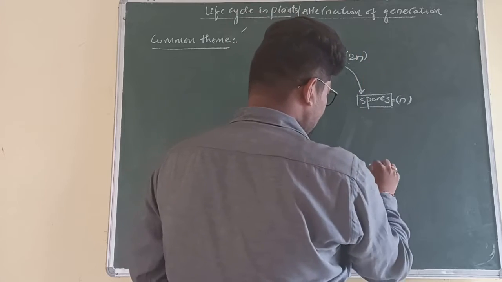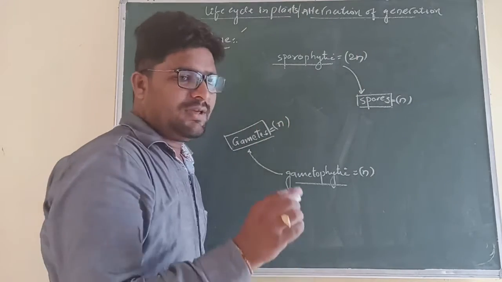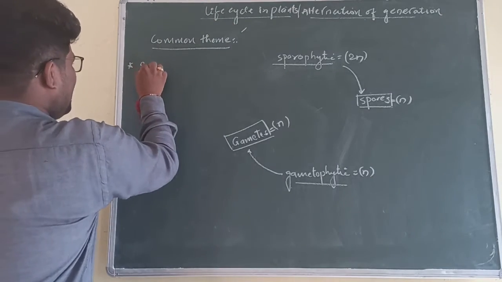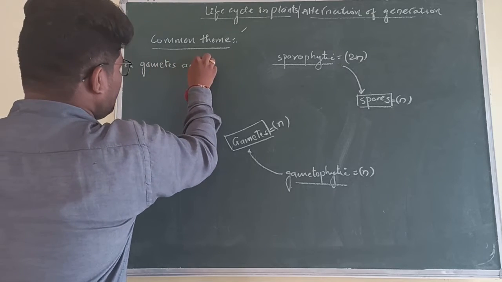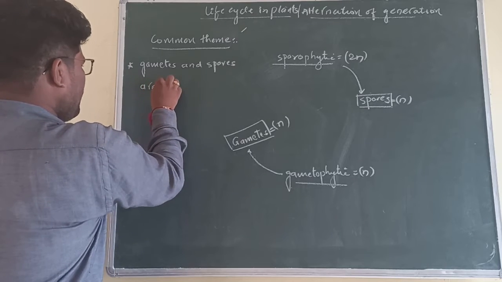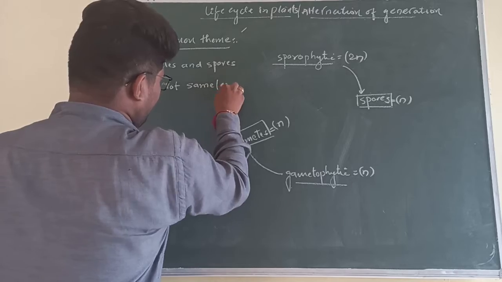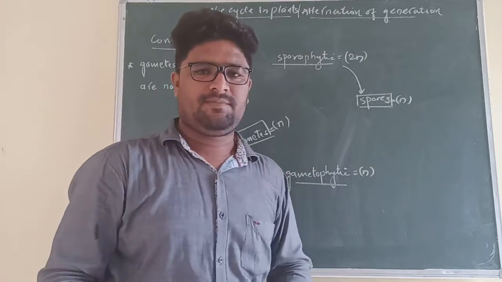And these gametes are also always haploid. But the important thing you should note is that gametes and spores are not the same or equal. They are not the same, meaning they are different.